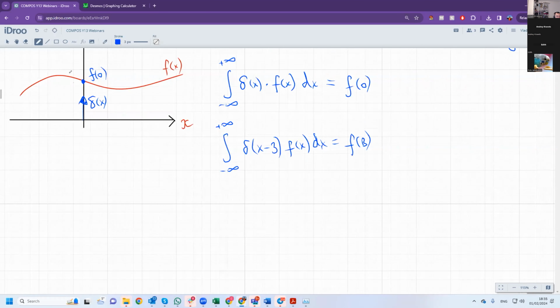And so let's test your understanding. The integral from minus infinity to plus infinity of delta x minus 7 multiplied by x squared minus 4x plus 3 dx. What's that going to be?